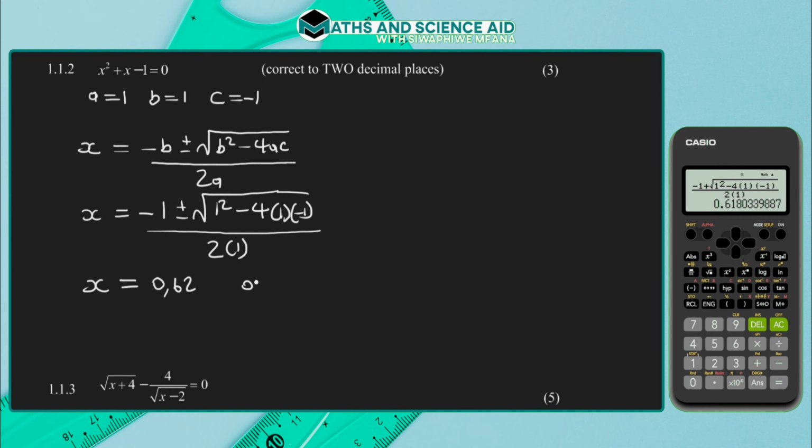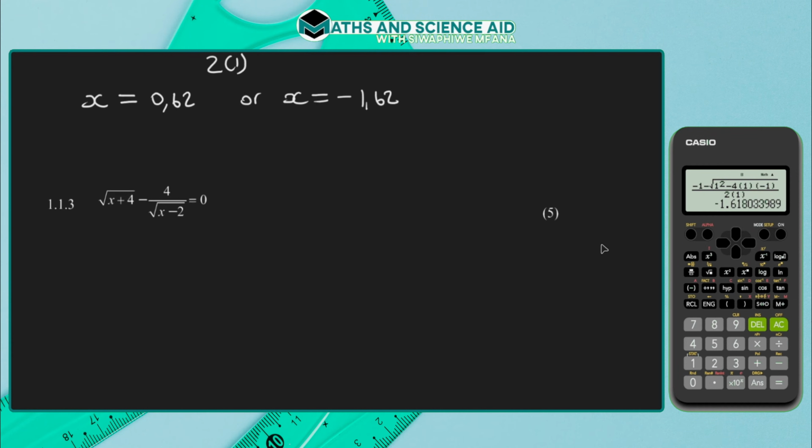For the second value of x, we will just change the plus to a minus, because for this one we used a plus, but this is plus or minus, so now we need to input a minus and see the value of x that we get. So we are getting negative 1.62. So these are the two values of x for this quadratic equation.